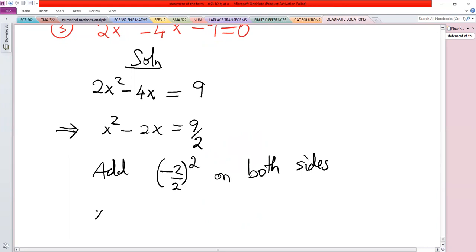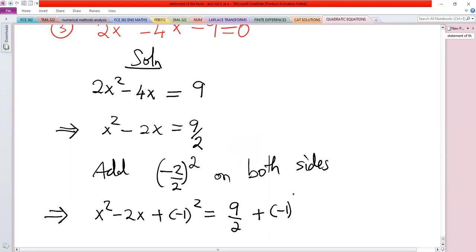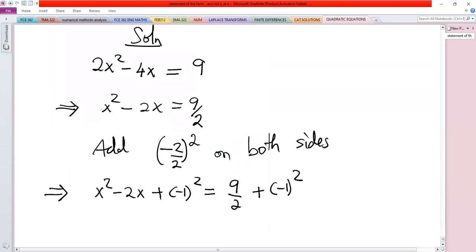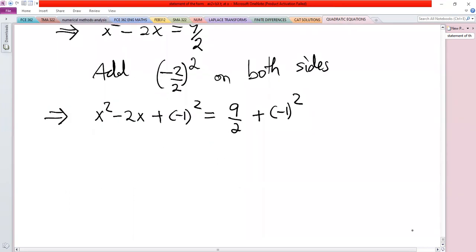So we'll have x squared minus 2x plus minus 1 squared equals to 9 over 2 plus minus 1 squared. So this implies x minus 1 squared will be 9 over 2 plus just 1. Minus 1 squared is just 1.